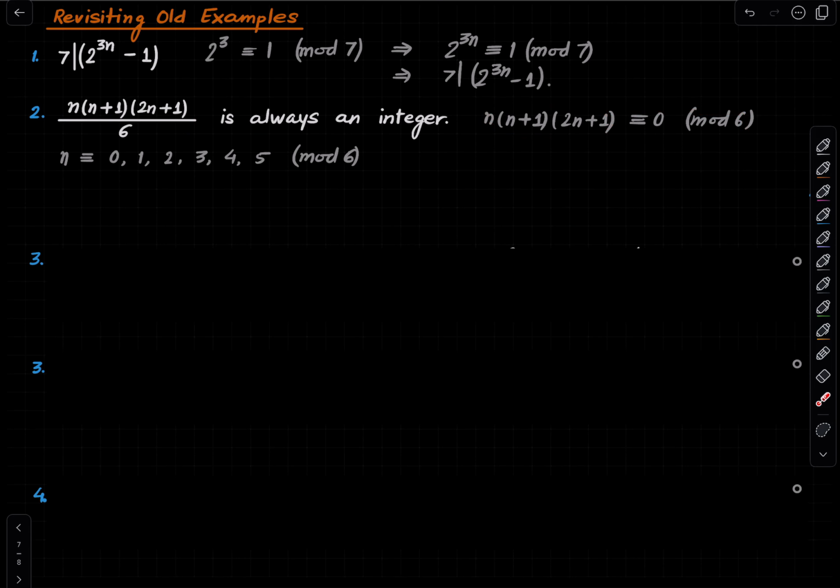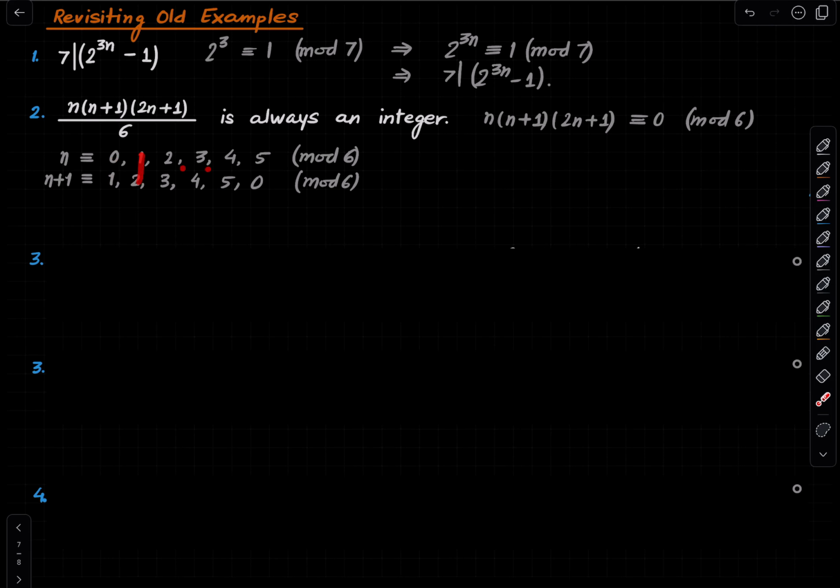Now there are 6 cases. I will list out the possible things in this order. So if n is congruent to 0, n plus 1 is congruent to 1 or 2 or 3 in this order. Let me explain what I did. There are 6 cases. N is congruent to 0, in which case n plus 1 will be congruent to 1. Or if n is congruent to 1, n plus 1 will be congruent to 2.